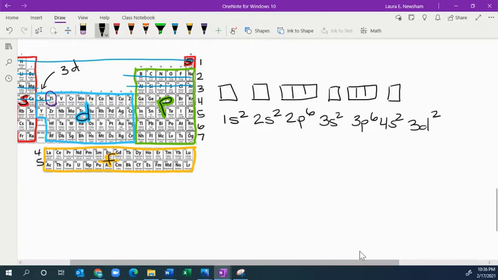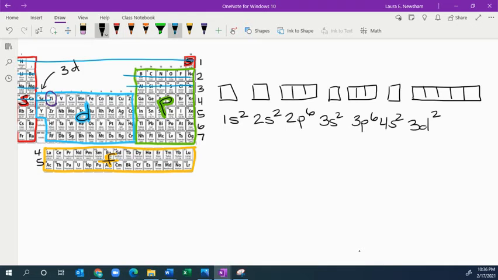Remember, you can always count across and divide by 2. 1, 2, 3, 4, 5. 5 for D.